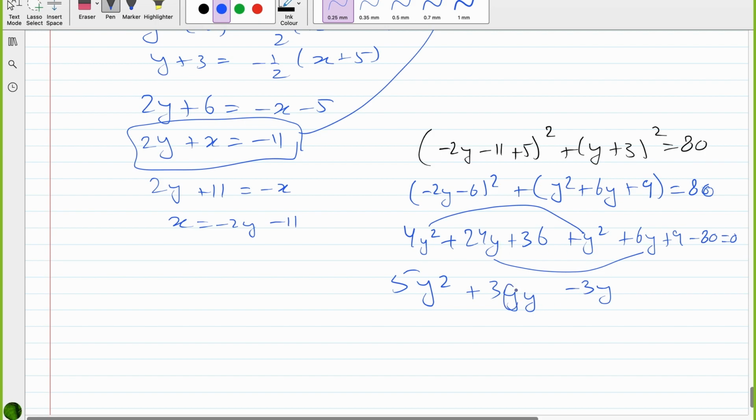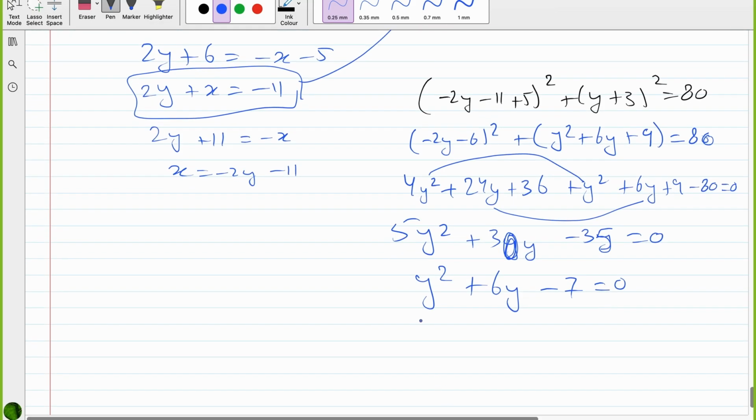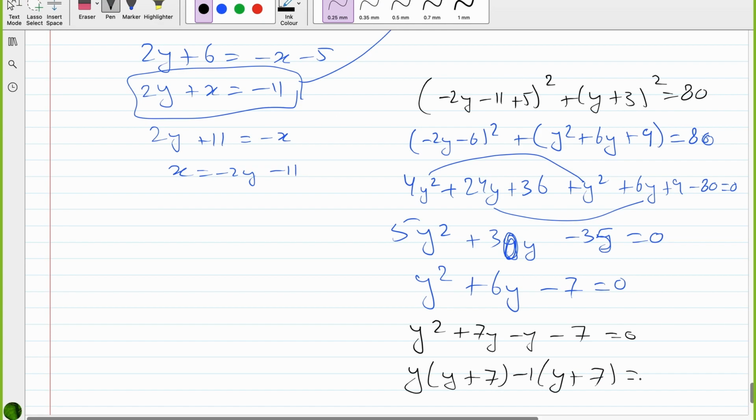So 5y² + 30y - 35 = 0. All of these are divisible by 5, so y² + 6y - 7 = 0. I think 7 and 1 will work. Factorising, (y + 7)(y - 1) = 0.